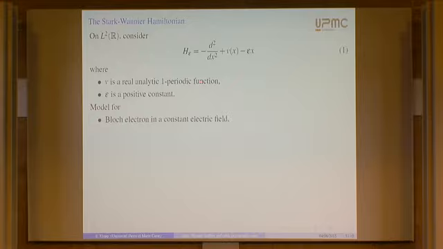And so this Bloch electron is moving additionally inside a constant electric field, which is modeled by this term minus epsilon x. And so people were interested in what happens if you take the electron inside a periodic medium and submit it to some external electric field.